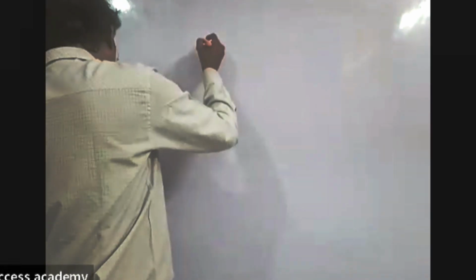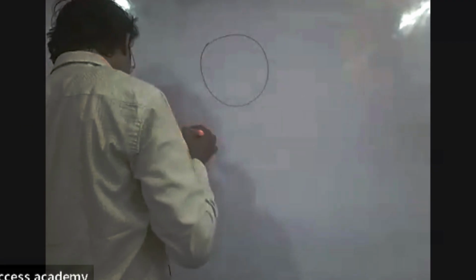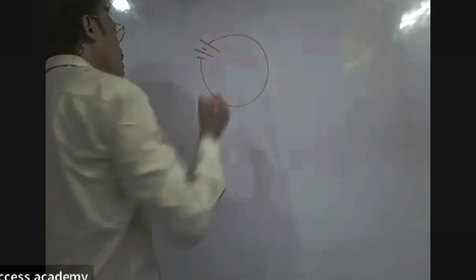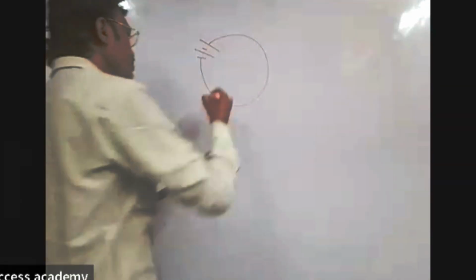The total current supplied to the circuit by the battery is... Here one circuit is mentioned in the problem, and one battery is supplied like this.